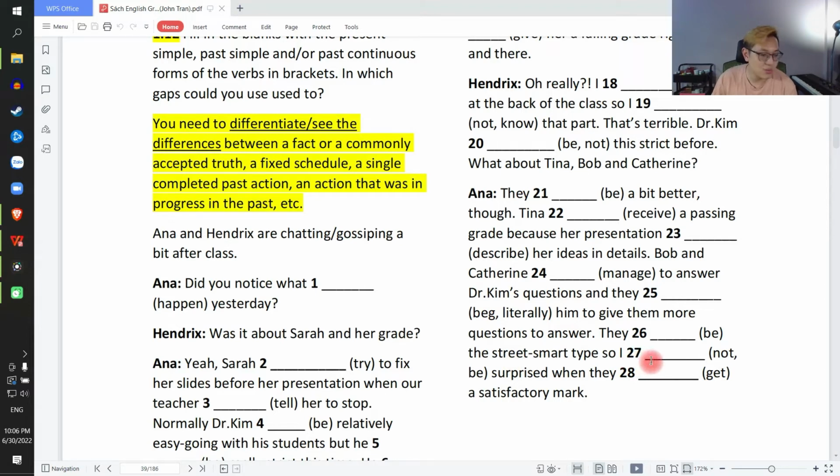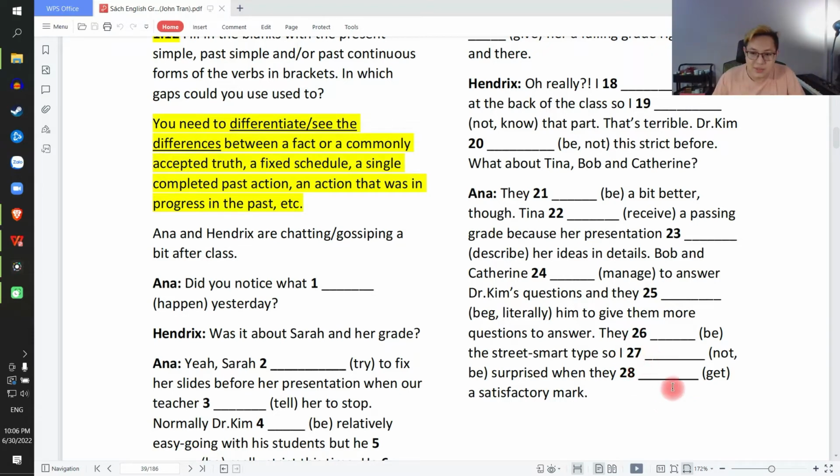So 27 it wasn't, so I wasn't surprised when they got a satisfactory mark. Cho nên tôi đã không có ngạc nhiên khi họ có được một cái điểm gọi là điểm satisfactory là điểm mãn nguyện, điểm trung bình, điểm mà chấp nhận được á.